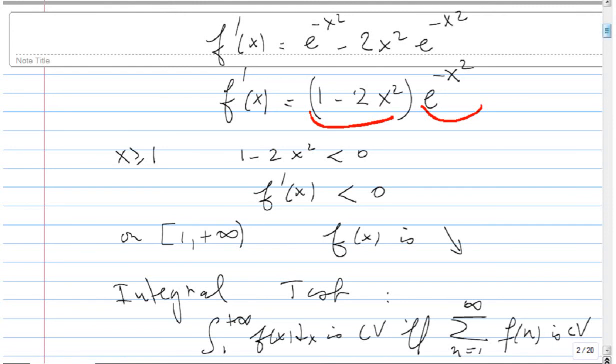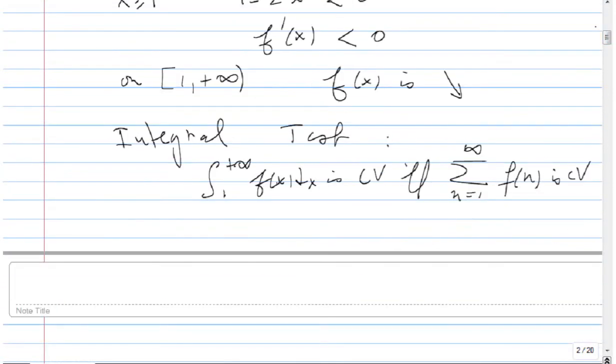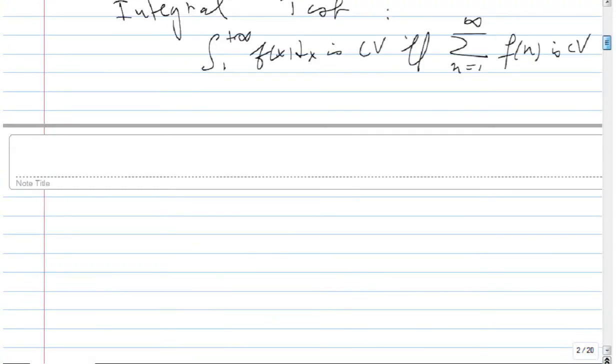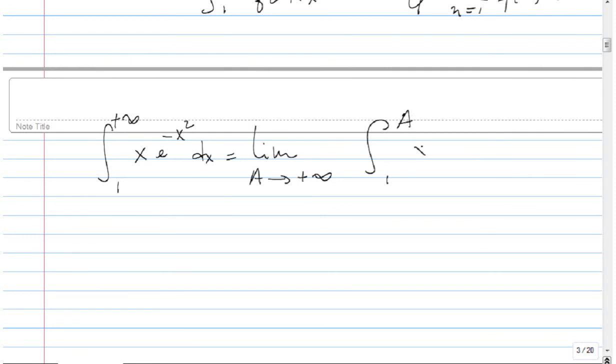So here, instead of working with the series, we're going to work with the integral, because we know how to integrate the function. We have the integral from 1 to plus infinity of x e^(-x²) dx. This is the limit as a goes to plus infinity of the integral from 1 to a of x e^(-x²) dx.